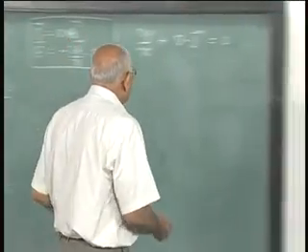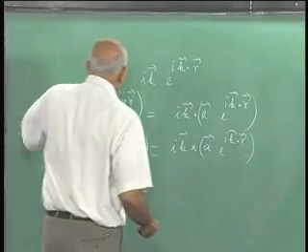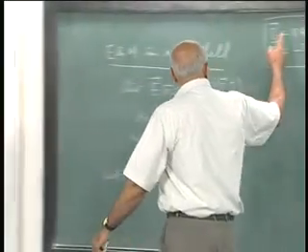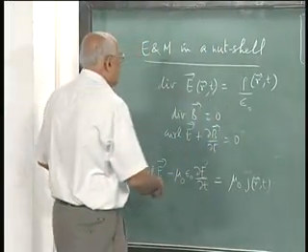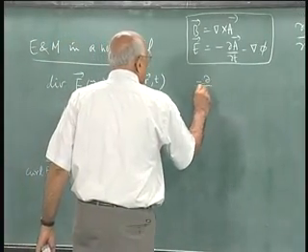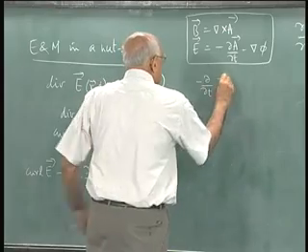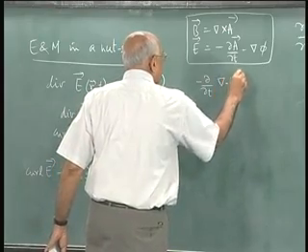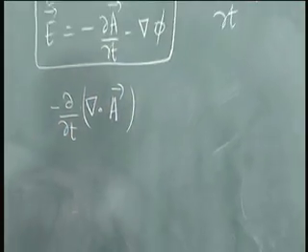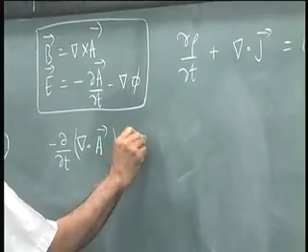Okay, now that we know that, let us put these things back and ask, what do these equations tell us? I am going to plug this equation back in here, and what does it give you? It says del dot E, so it is minus delta over delta t of del dot A, that is the first part, minus del dot del phi, but that is equal to minus del squared phi.